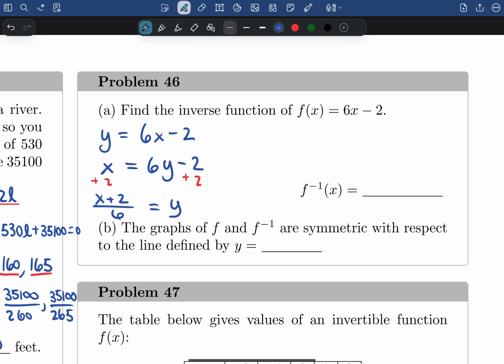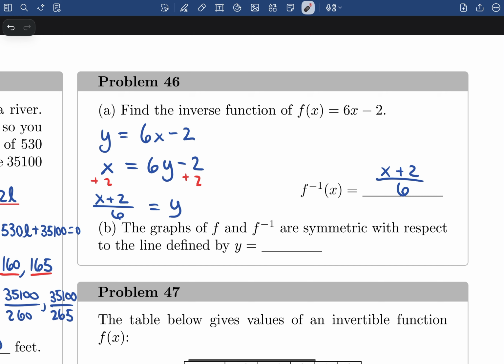And step 4 is to turn y into f inverse of x, because now y is the inverse function. So this answer that I got when I solved for y, x plus 2 over 6, that's the answer. Now, to do a quick check of whether you got the inverse function, all of the inverse operations should be happening to x from the original function.